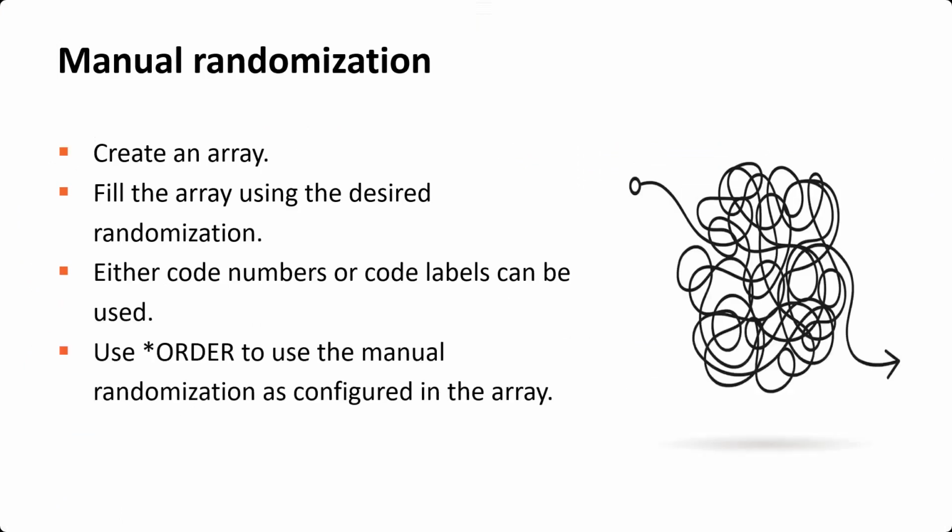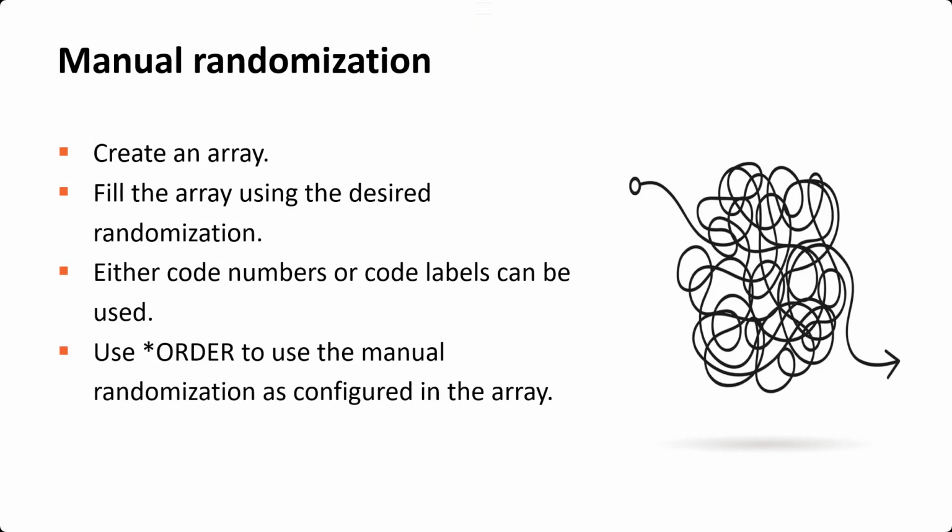And then let's take a look at the manual randomization. Create a manual randomization. What you do is you create an array. You fill that array with the desired randomization, and then that can either be code numbers or code labels. But remember, if you use code labels, you can only use that on a question.